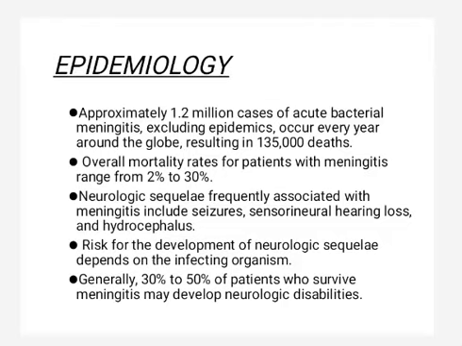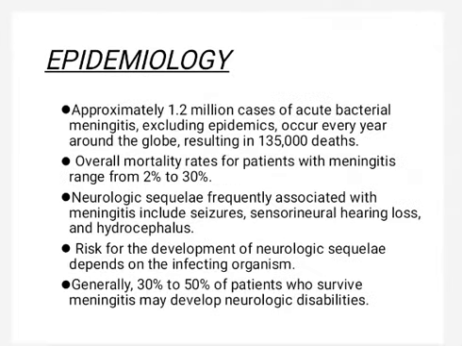Patients who develop meningitis show neurologic sequelae such as seizures, sensorineural hearing loss, and hydrocephalus. The risk of developing these neurologic sequelae depends upon the type of organism that infects the patient. Generally, 30 to 50% of the patients who survive meningitis may develop neurologic disabilities.